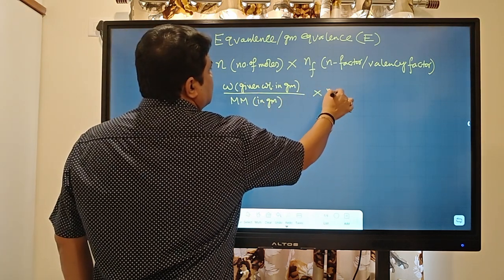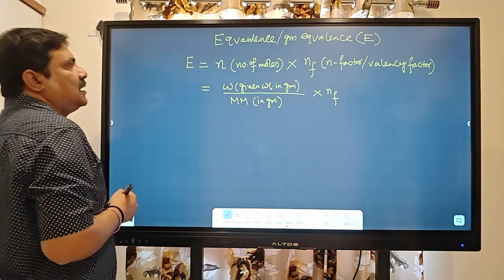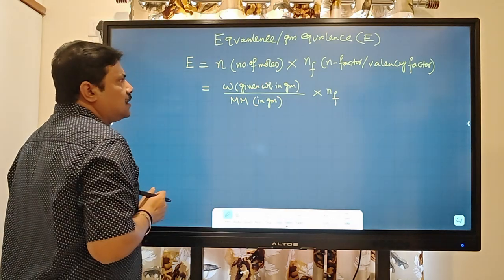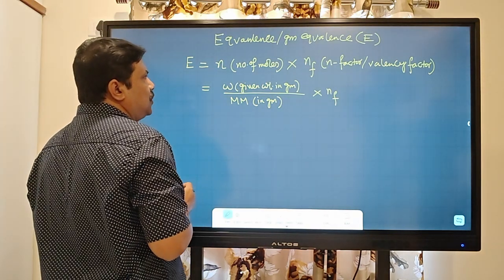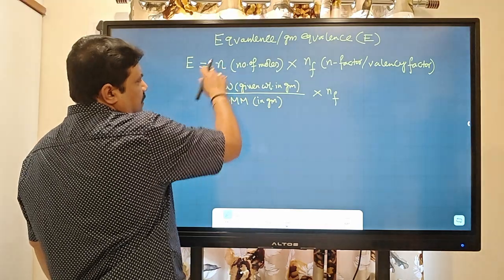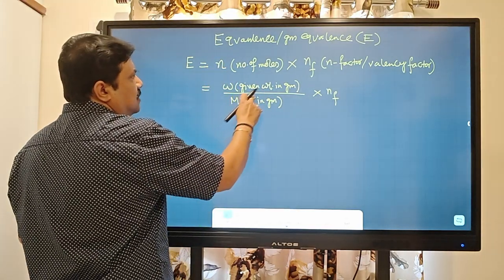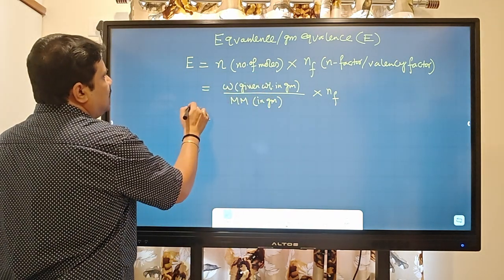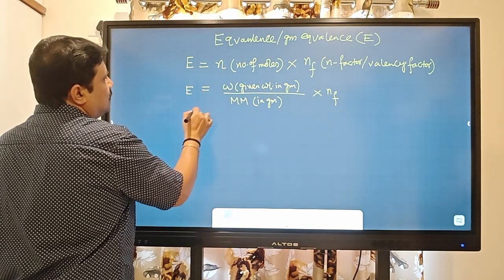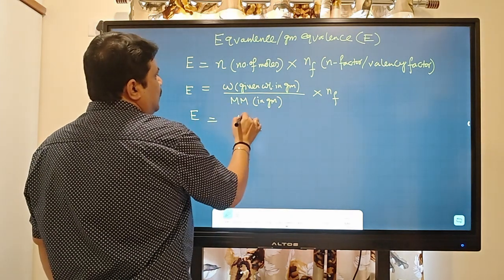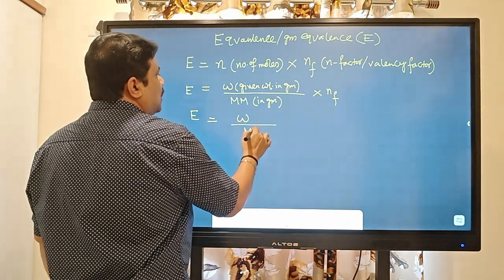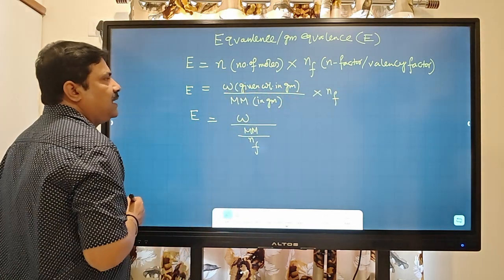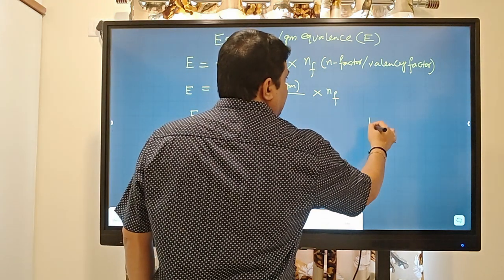So equivalence equals given weight by molar mass, into n factor. Now molar mass by n factor, this is EM.